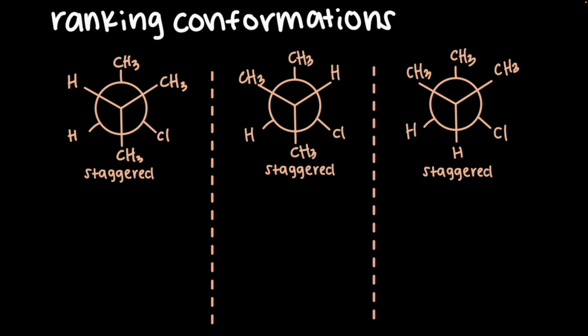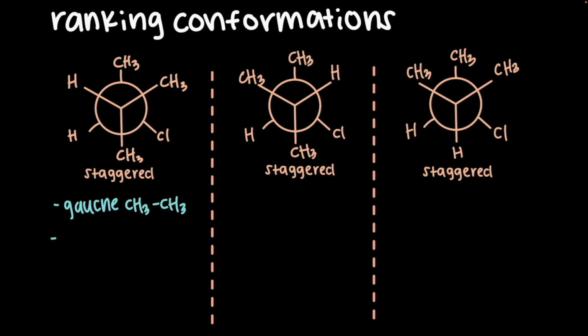For the first staggered conformation, I see that I have 2 CH3 groups that are Gauche to each other. So I'm going to write Gauche CH3, CH3. I have another Gauche interaction between a CH3 and Cl, and I also have the same interaction on the other side between a CH3 and Cl.